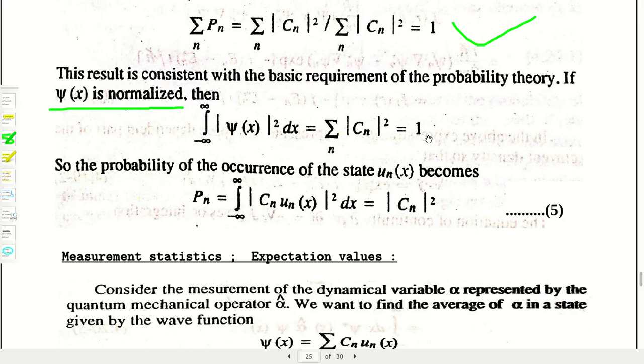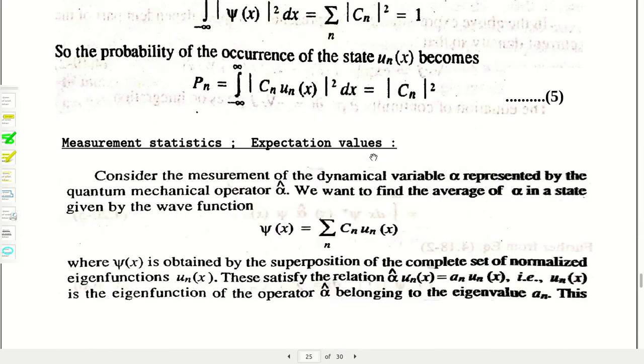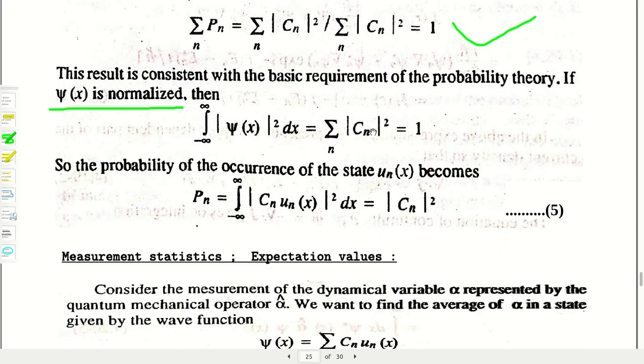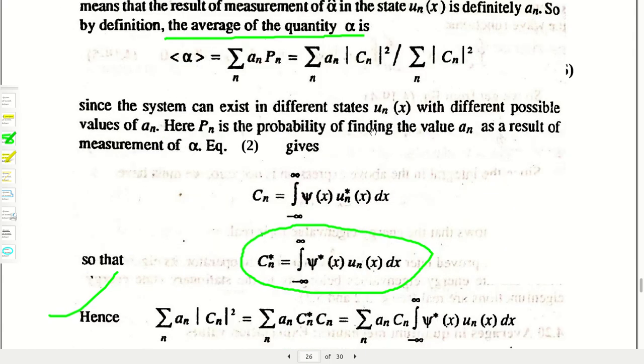So there is no need to take other terms. It is a complete set. Because of that, we are going to use equation number 5 to find each of the probabilities, because the wave function is normalized.